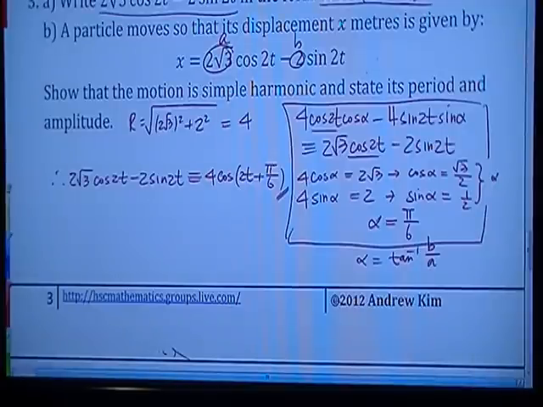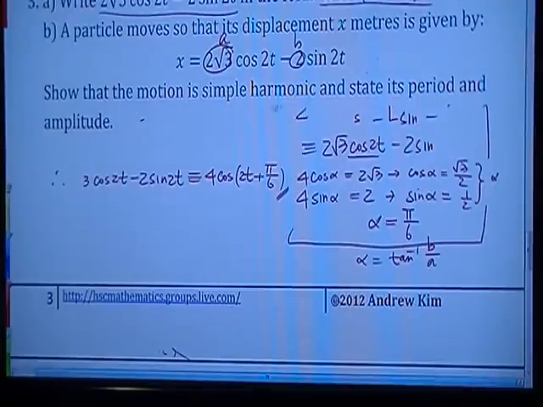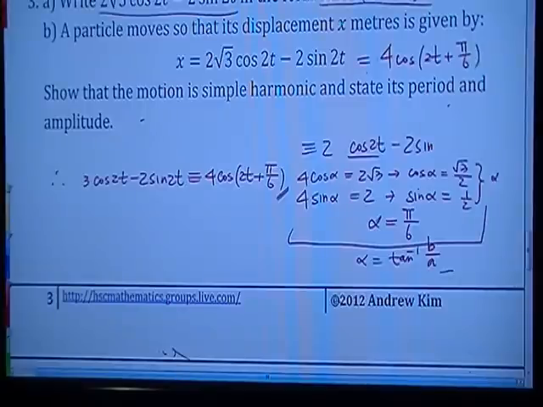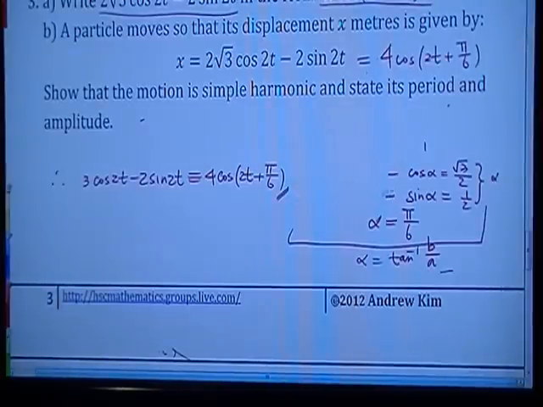Now part B says a particle moves so that its displacement is given by that, which we know is 4 cos of 2t plus pi on 6, which you can see is our normal standard simple harmonic equation form. Show that the motion is simple harmonic, stating its period and amplitude.